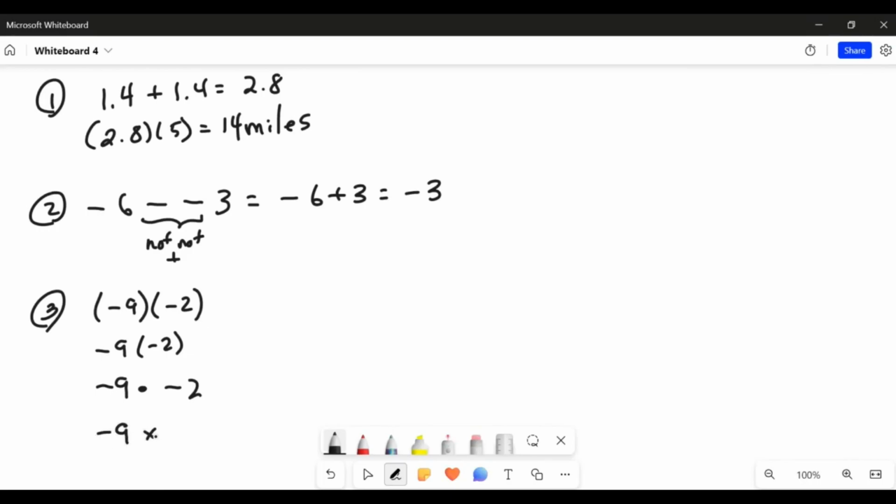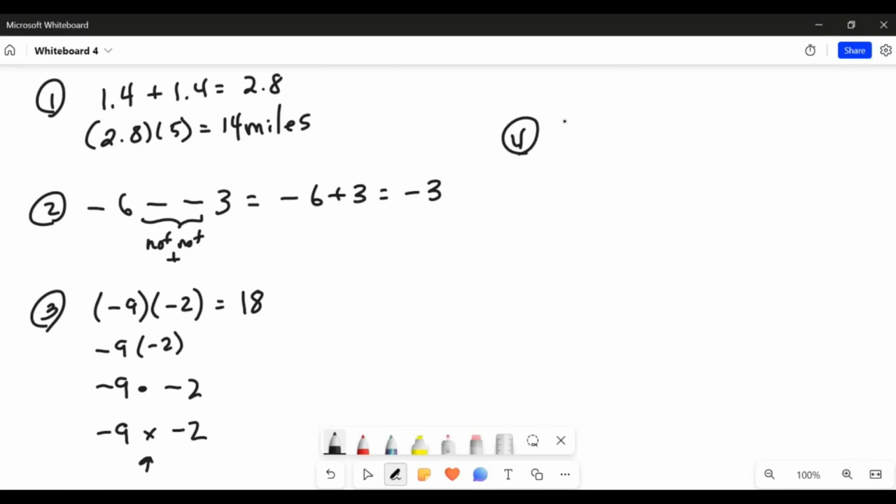And when we start working with variables, we're going to stop using the x for multiplication because then it'll get confused with the variable x. But a -9 times a -2, the signs are the same, so the answer is positive, and 9 times 2 is 18.